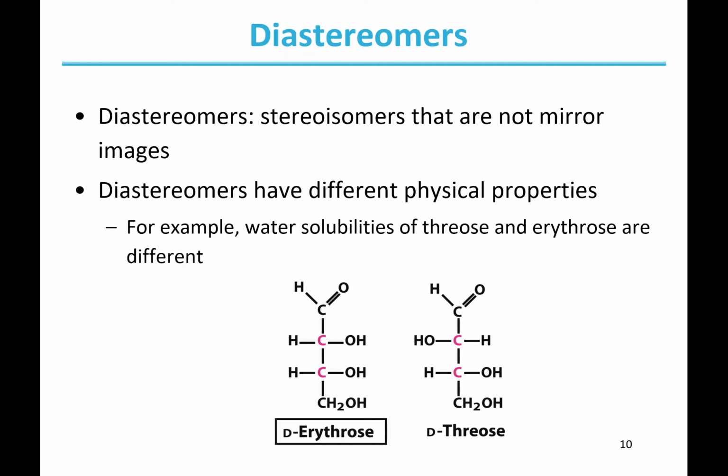So these guys are not mirror images. If you draw a line there, that would be a mirror image on that carbon, right? But this carbon is not a mirror image. So they're not mirror images, and they're not the same structure. So they're what we would term diastereomers.